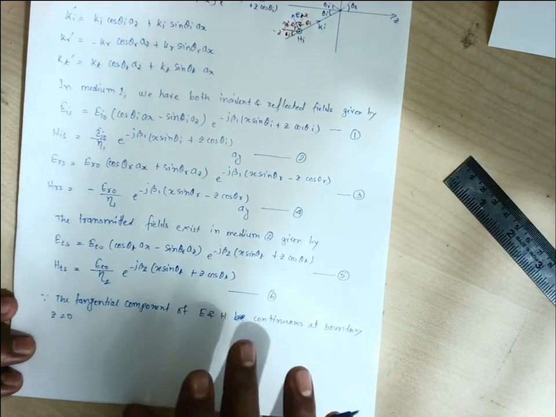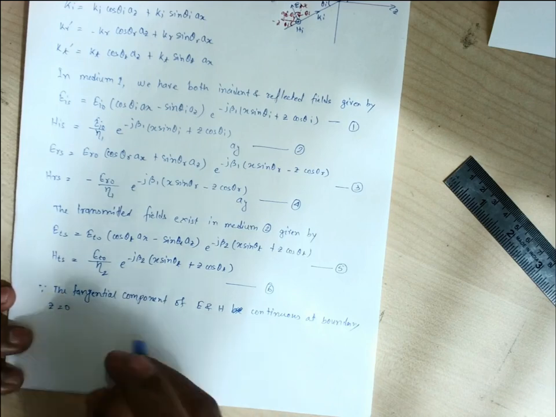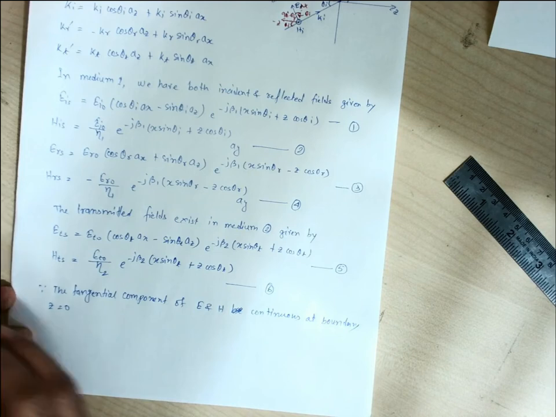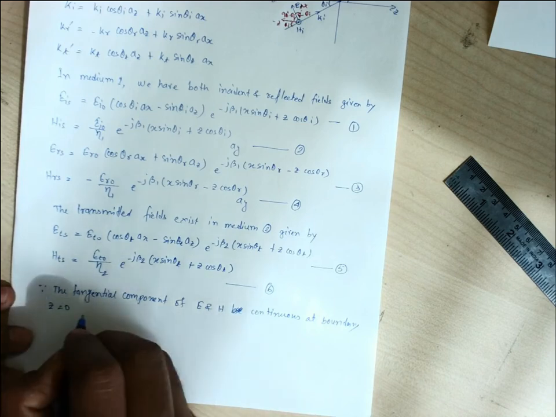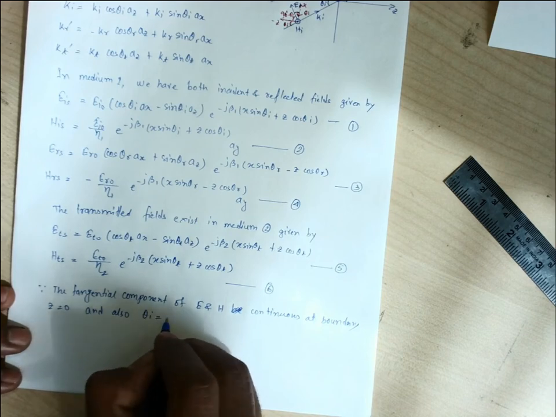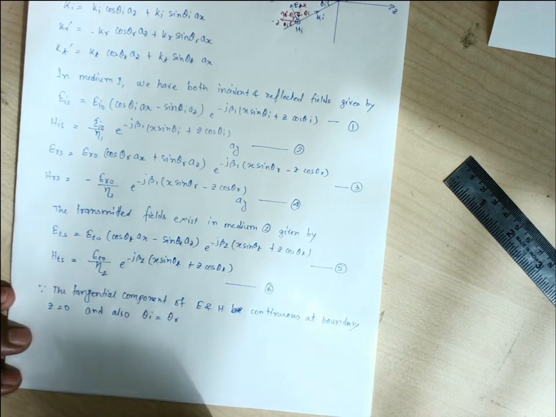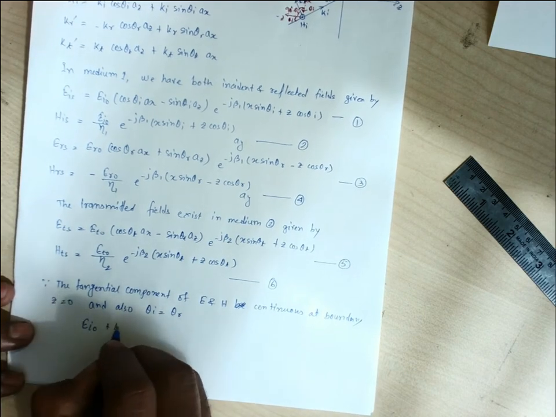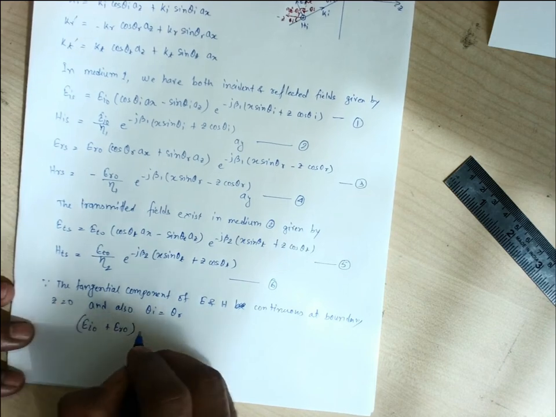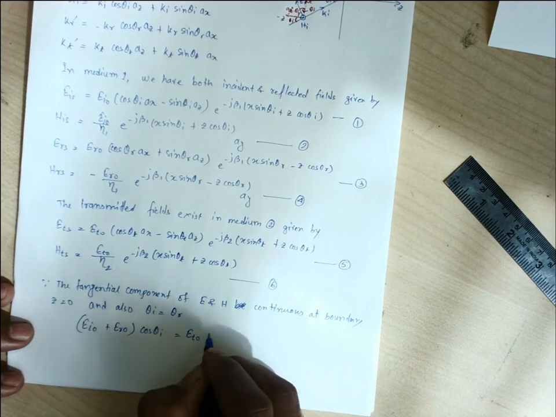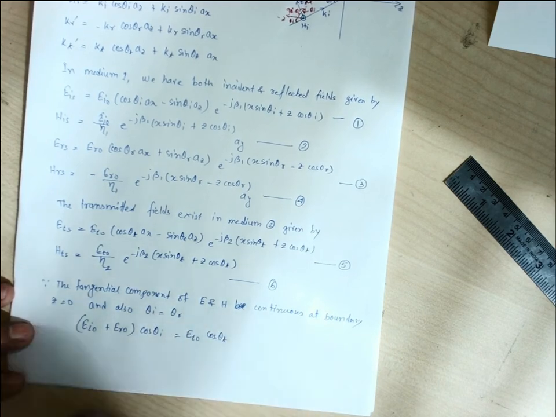So what we can write: in medium 1 we have both incident and reflected, and also theta I is equal to theta r. So we can write this equal to cos of theta t.